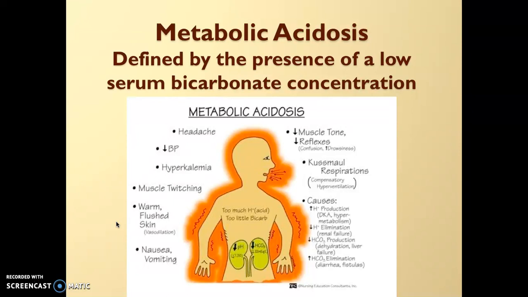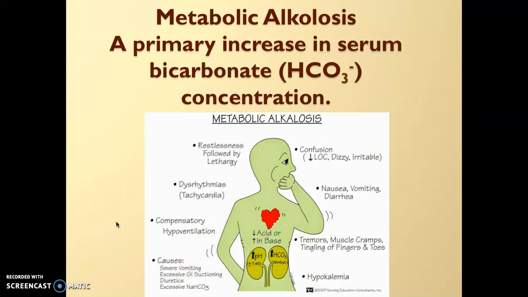Some signs and symptoms you should look out for are fatigue, fruity breath, drowsiness, nausea, vomiting, and rapid deep breathing. They become very fatigued as well. Metabolic alkalosis is when the serum bicarb level is too high.